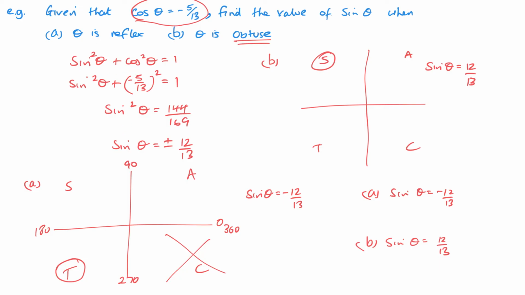I tend to use the triangle method because then it also makes it nice and easy for tan. But if you're given cos and you've got to find sine, sine over cos gives you tan anyway. So there's lots of different ways to do it. But yeah, you just need to think yourself which you prefer.